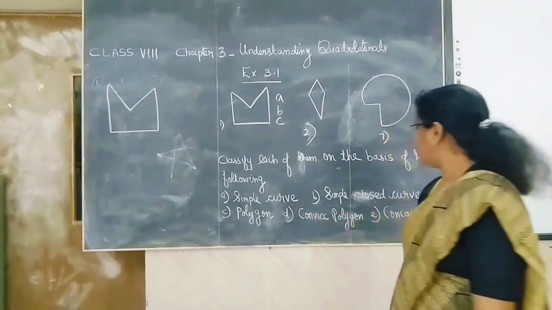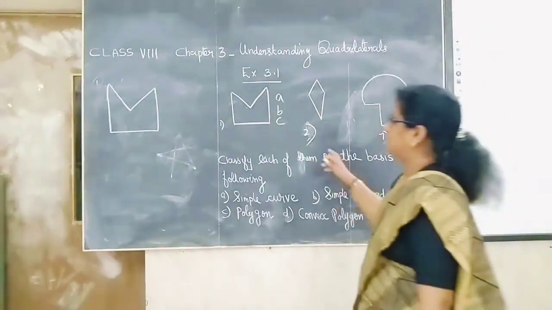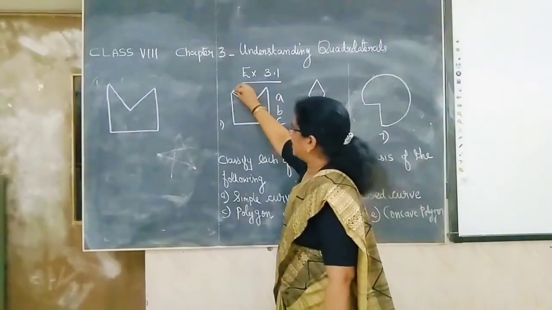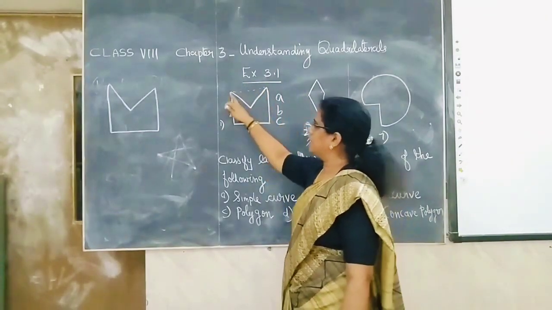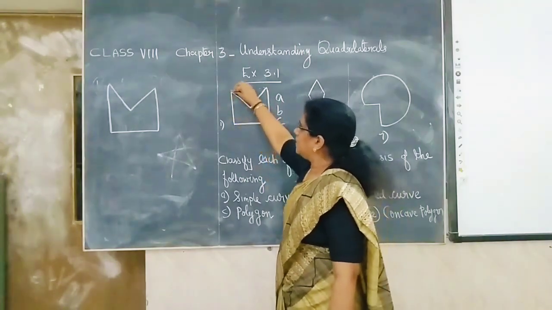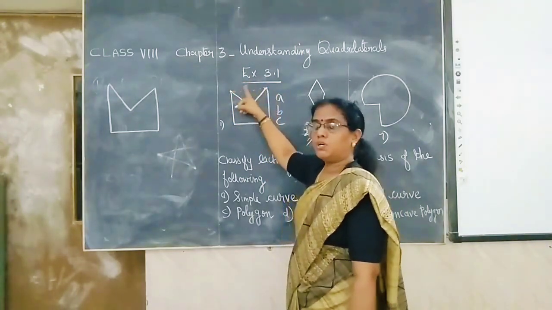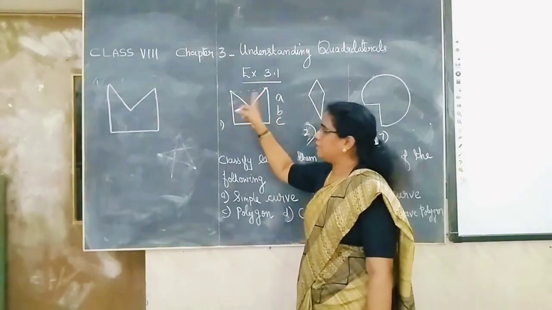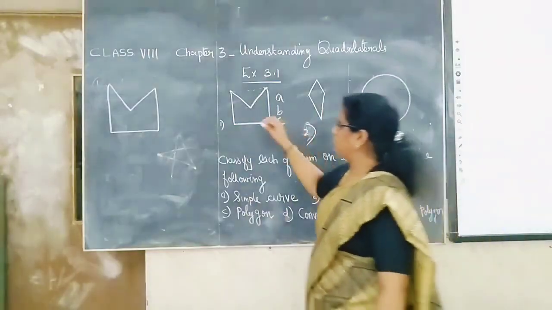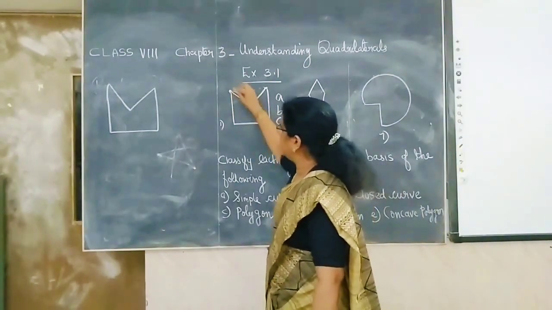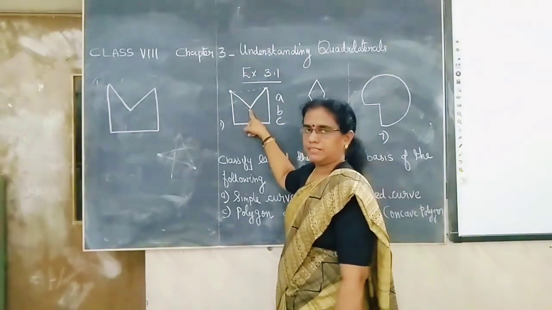Now the next one is convex polygon. Here you can see when you draw the diagonal, one diagonal will come outside. Diagonals are drawn by connecting non-consecutive vertices. Consecutive means when you take this point, this is the next vertex and this is the next vertex.